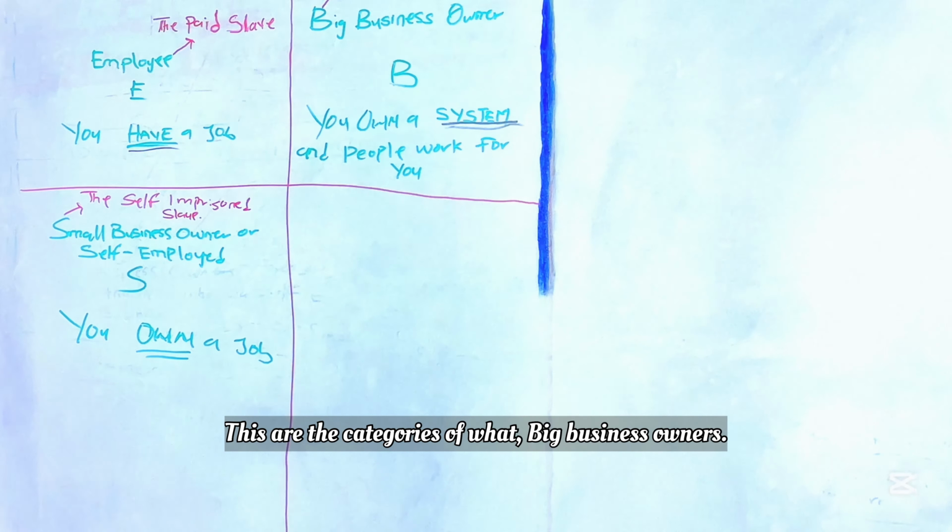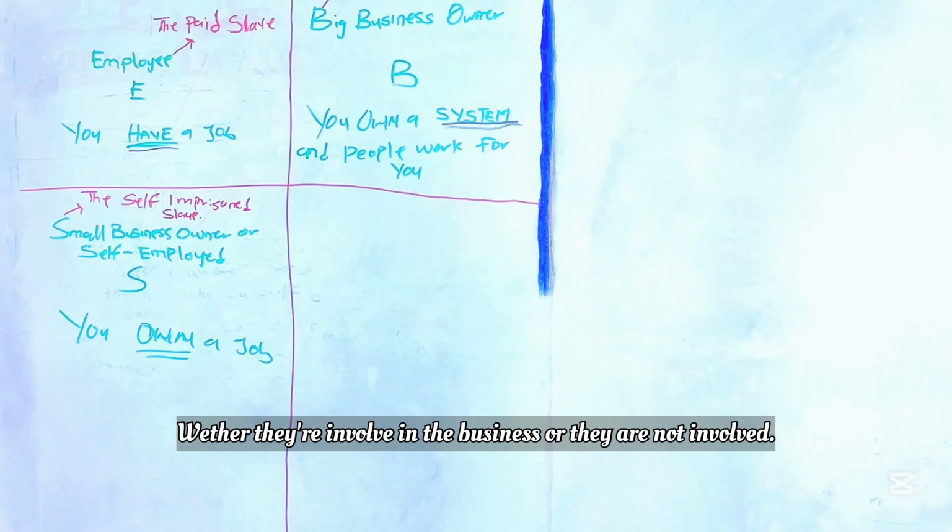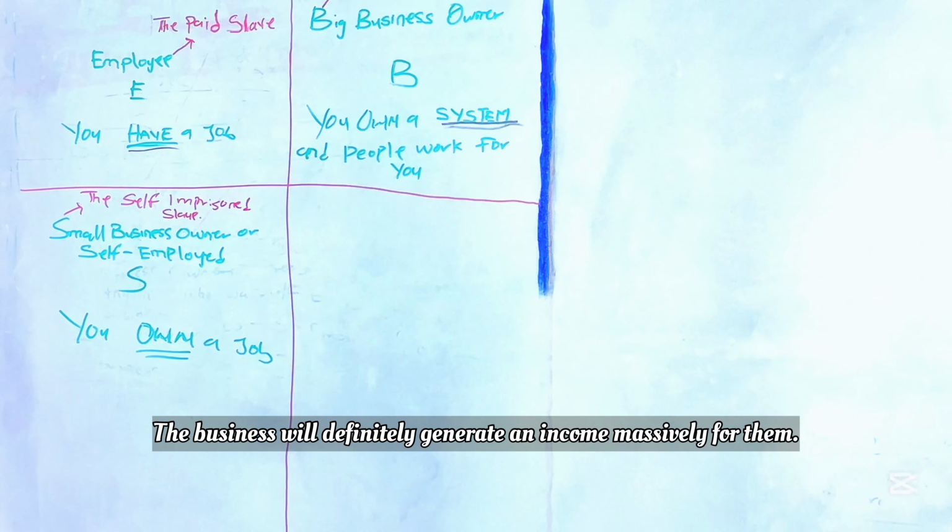These are the categories of big business owners, who have systems and people working for them. Whether they are involved in the business or not, the business will definitely generate income massively for them.